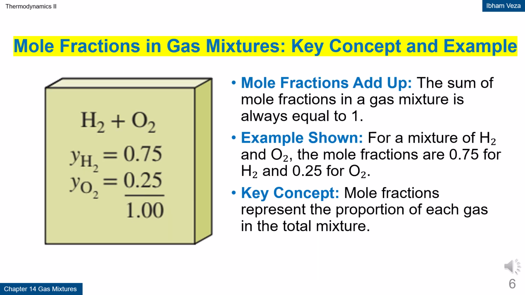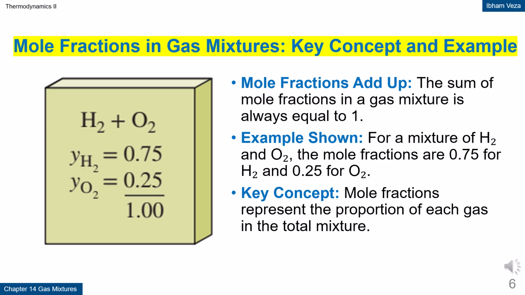Mole fractions in gas mixtures. Mole fraction represents the proportion of each component relative to the total moles of the mixture. The sum of all mole fractions is always equal to 1, reflecting a normalized composition. The example of an H2 and O2 mixture with 0.75 and 0.25 shows this quantitatively.